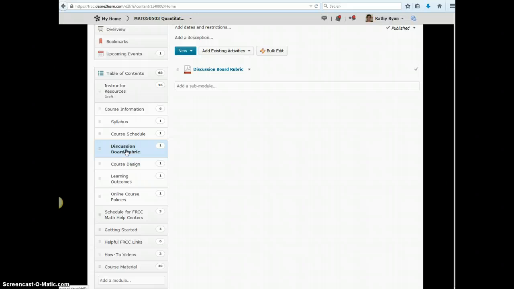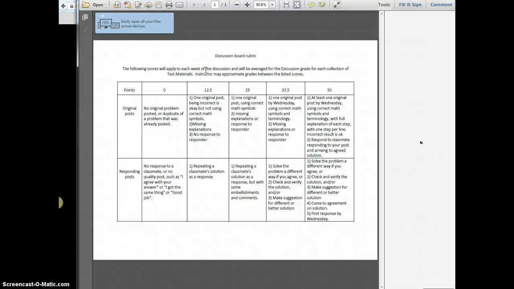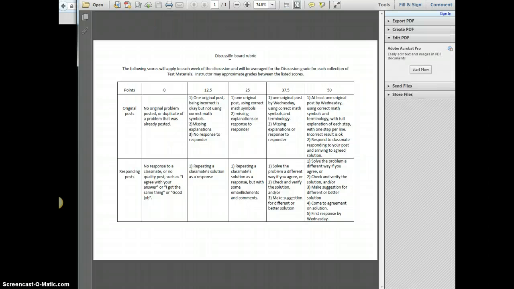So what I'm looking for is someone to post at least twice a week, one original post and one response, and I would like the response to get discussed so they can agree on how the result is correct or incorrect, and I will come back, and if there's any error that I see, I will bring that up.